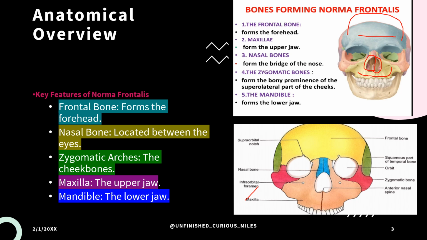Then the zygomatic bones, which in regular terminology we call the cheekbone, but in anatomical terms we use zygomatic bones. Then the thick portion, which is relatively thick among men, known as mandible. These are the basic bones which I would recommend everybody to go through.